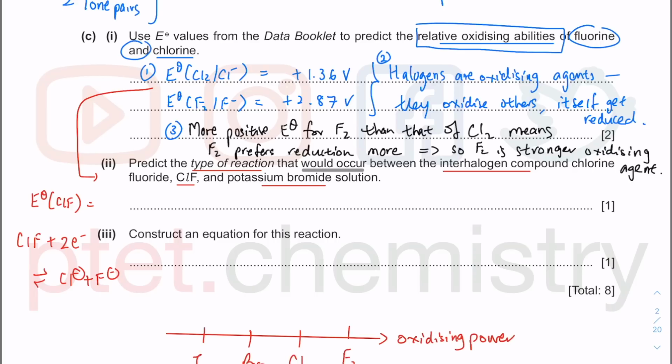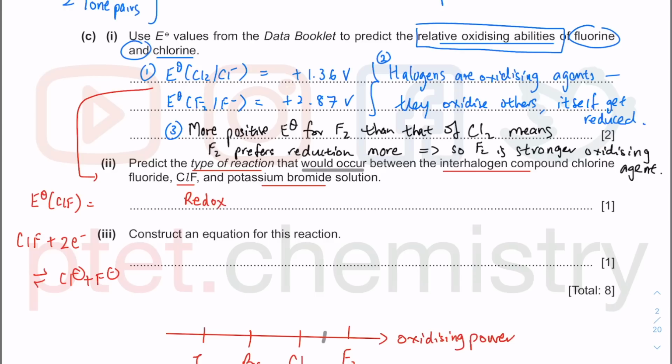So if bromine is below chlorine, that means these two are stronger oxidizing agents than bromine. So if you have something interhalogen, like F and chlorine, somewhere intermediate, it is still a stronger oxidizing agent than that. So obviously you will get a redox equation where you oxidize the bromide to bromine, and this particular ClF will undergo reduction.